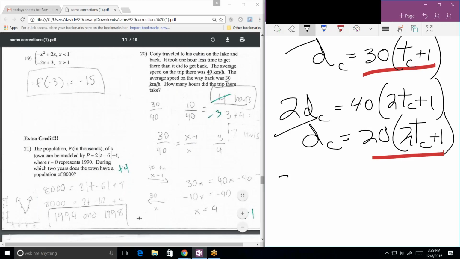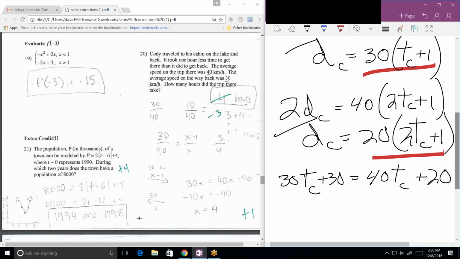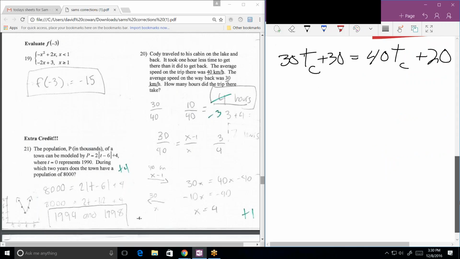So I get 30 t sub c plus 30 equals 40 t sub c plus 20. There's only one variable in that. I can solve for the time it took to get to the cabin.